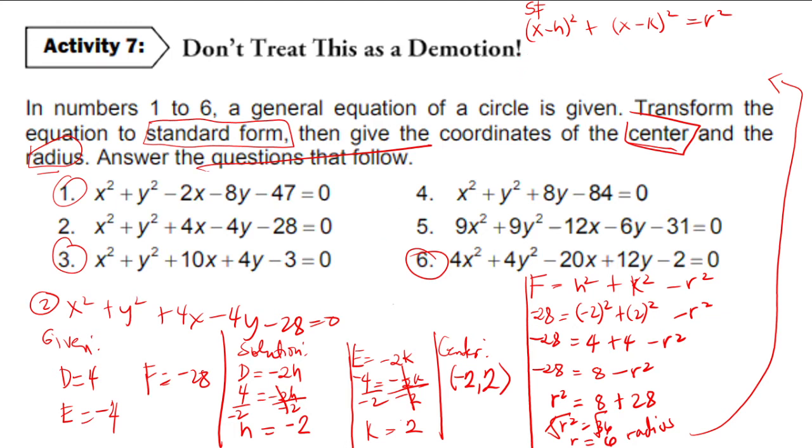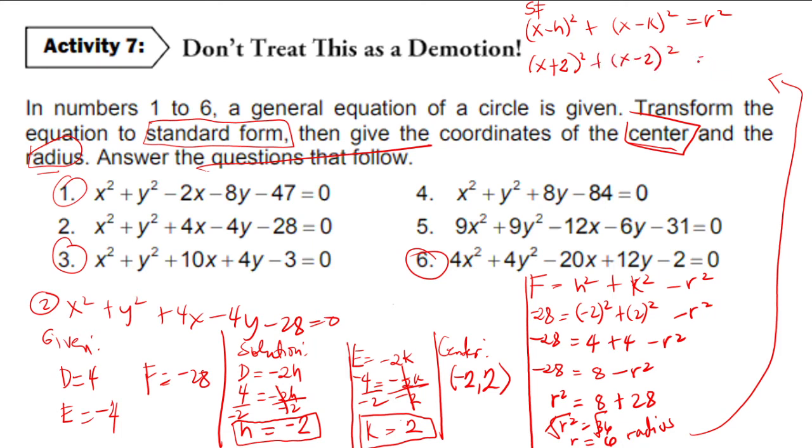Kasi ang center natin ay nasa negative 2 and positive 2. Okay? Since negative itong 2, ibig sabihin kapag sinulat siya dito, magiging positive 2 na siya. Okay? Next, since positive 2 naman ito, pagdating niya dito, negative naman siya.